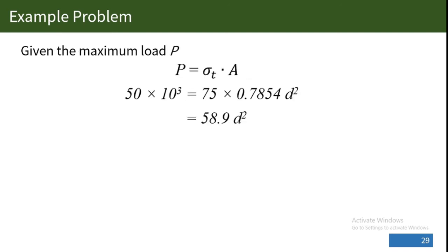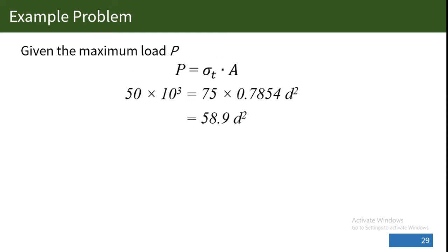Next, we are given the maximum load P, which is 50,000 newtons. Let's look at the first line, where P is equal to sigma sub T times A. Do you remember what this formula is? This is the formula for the stress, right?